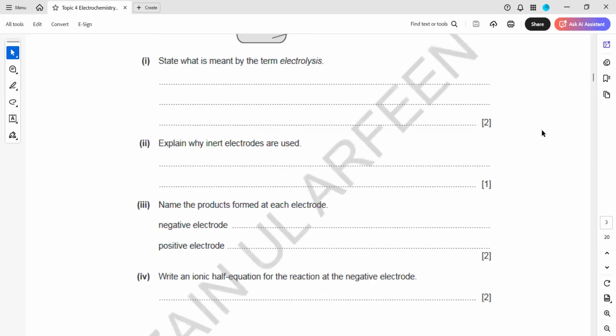Yes, in that case you will score the mark because you have the point which is needed: anything related to does not react, unreactive, does not chemically change during a reaction.